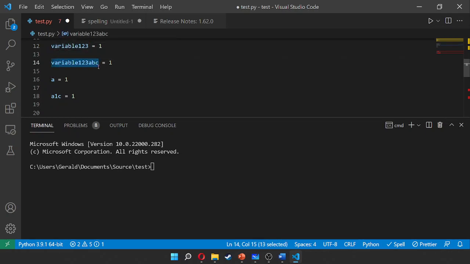This is still valid because we have alpha, then 1 2 3 numeric, and then another alpha, ABC. Here we have numeric 1 and then alpha C. Therefore, these are all valid variable names in Python.